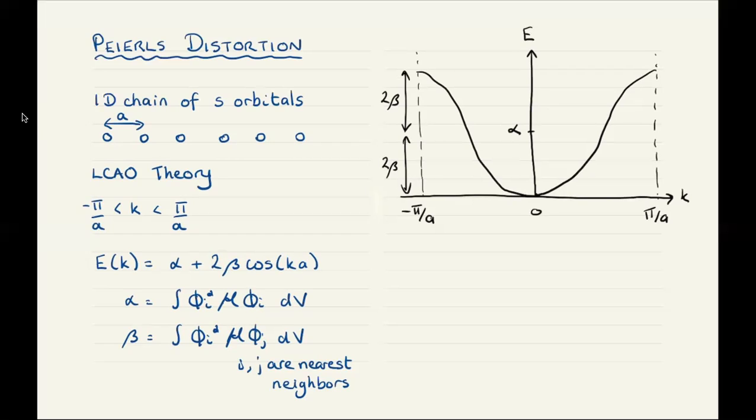We can also think conceptually about what the arrangement of the bonding and anti-bonding interactions is between the atomic orbitals across this dispersion. At k equal to 0, when the phase of all the atoms in one unit cell is identical to that in the next unit cell, so the phase of all the atoms in all the unit cells is the same, then all the interactions are bonding.